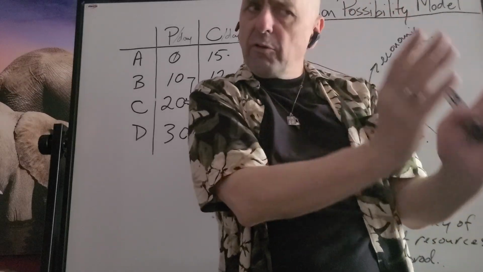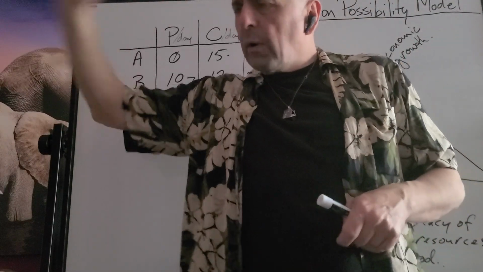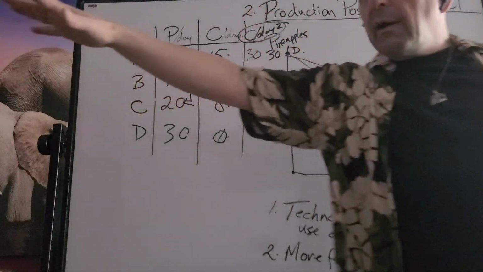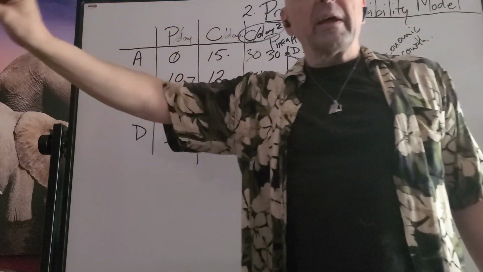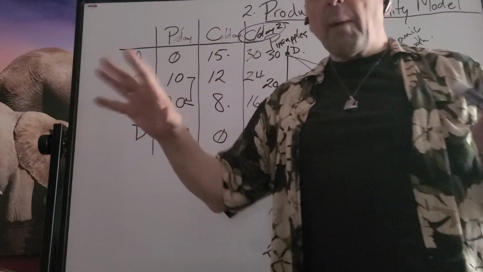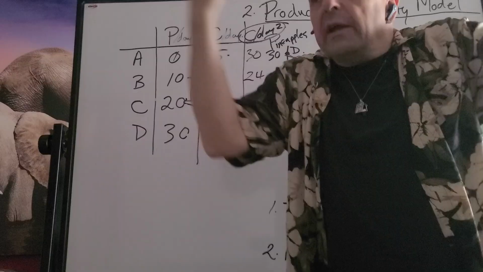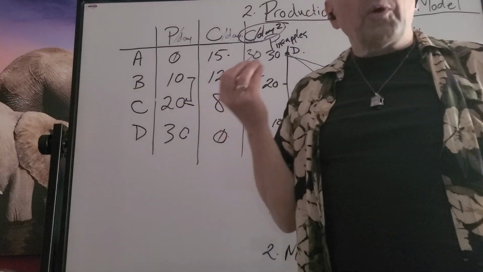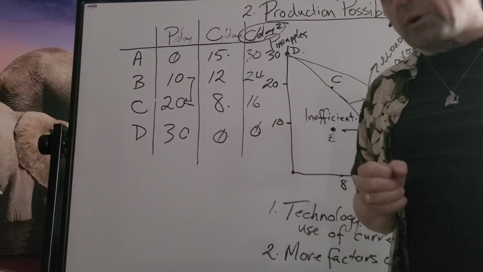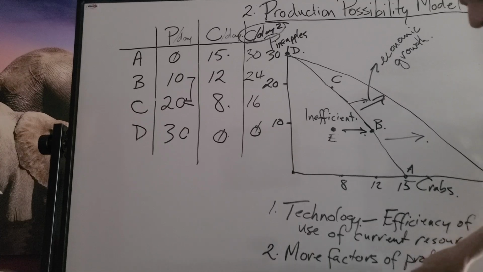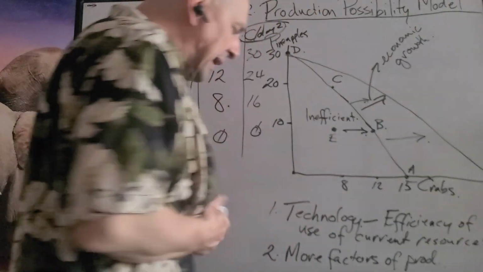You can specialize your labor in one area, in one factory, and in the other area, in the other factory. You can benefit from specialization. You can expand the efficiency of your production, but you can also increase your production by simply adding more factors.